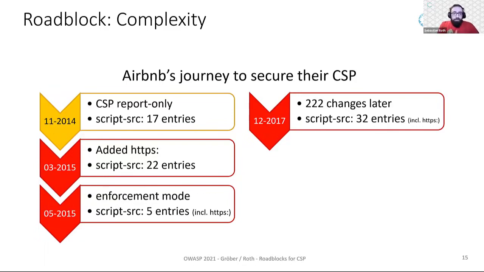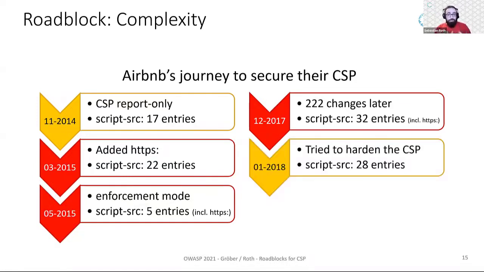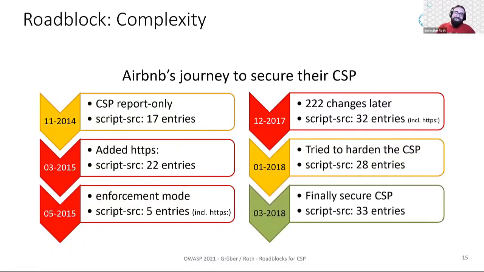And in January 2018, they first tried to enforce their new policy. However, they added the HTTPS schema again after less than 1 day, probably due to some fatal errors that occurred in their app. And then finally, in March 2018, they had a second try to enforce a secure CSP, and they finally succeeded with that.